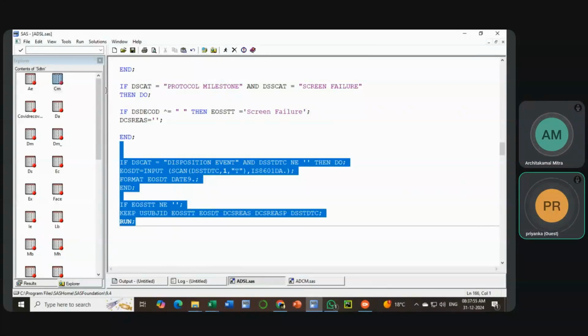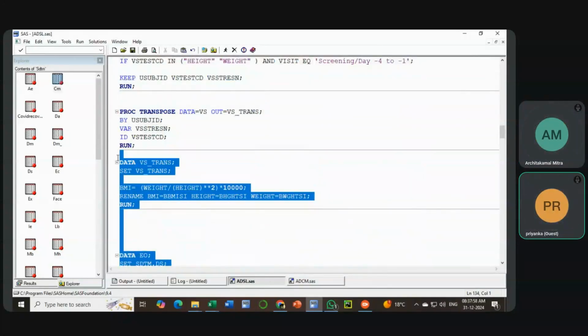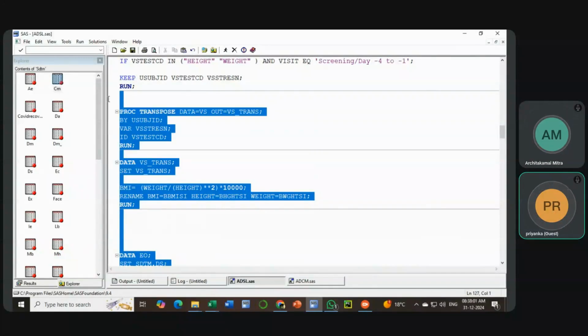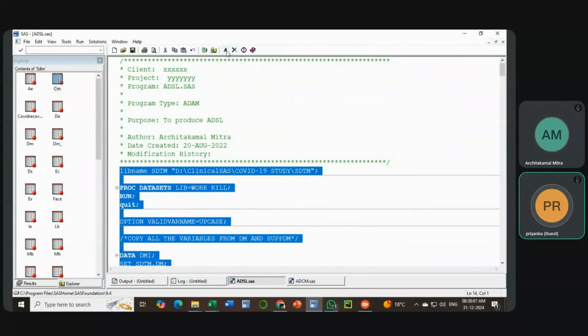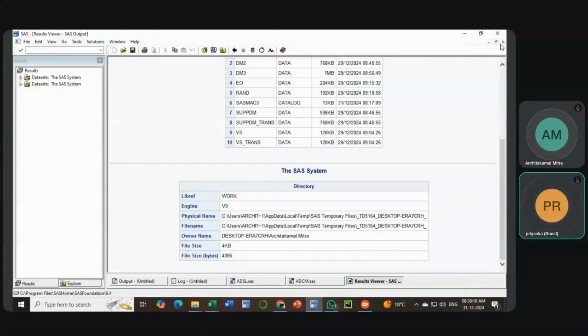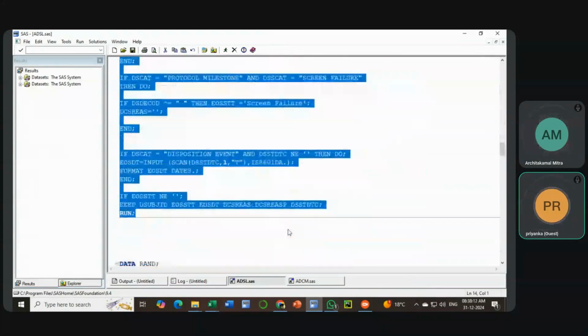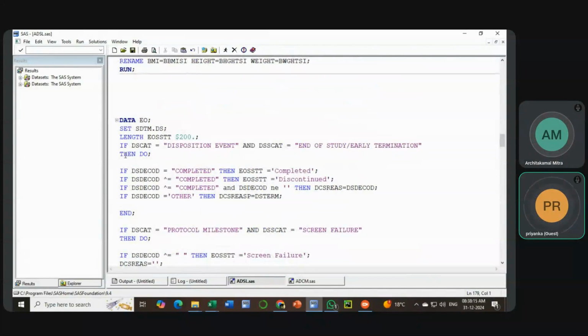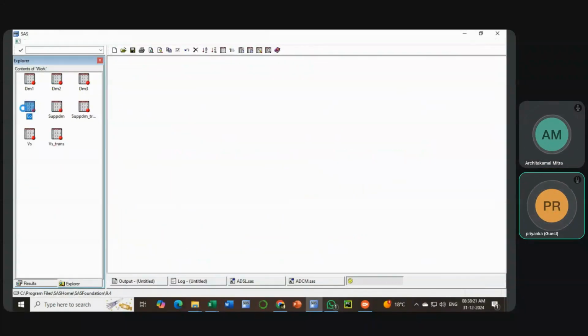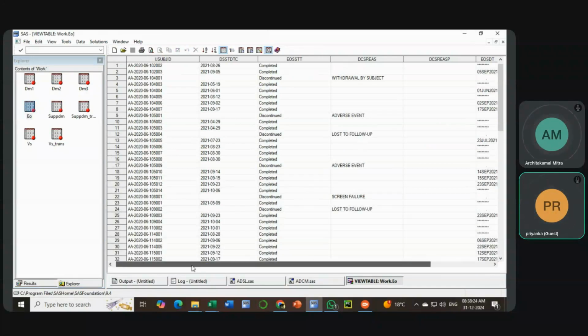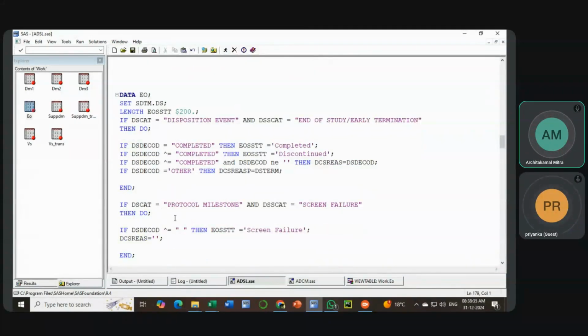Now if we execute this, let me execute it totally, otherwise it will be difficult. Let's check EOS once. We have USUBJID, DSSTDTC, disposition date, start date. Since it's discontinued, we don't have a date. Remember, if it's discontinued, it doesn't have a date.